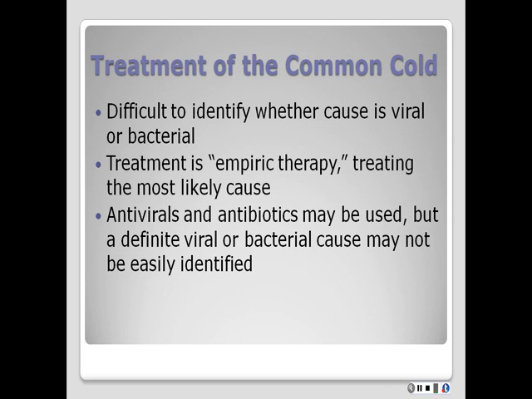They look at the symptomology, see what is typically happening, and based on that typical presentation or set of symptoms, they'll treat what they believe it most likely is. So again, that's empiric treatment. Antivirals and antibiotics may be used, but a definite viral or bacterial cause may not always be easily identified.